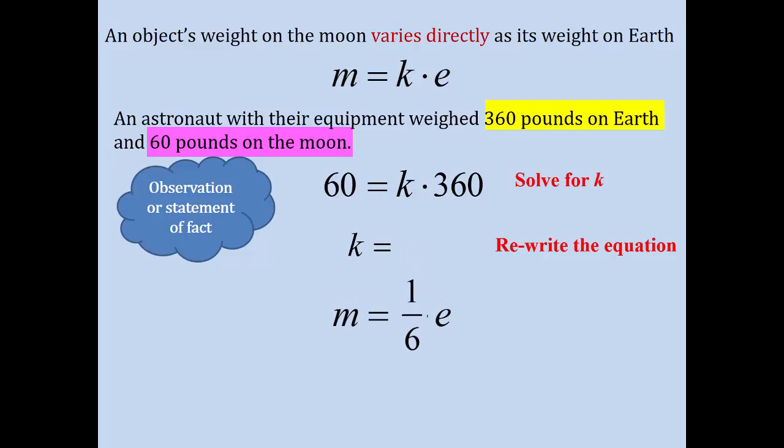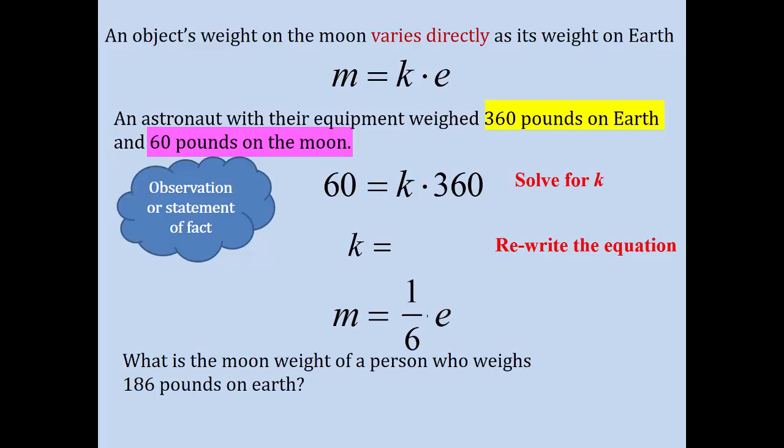And we have a new equation. M equals 1/6 E. This is valid anytime we're talking about moon and Earth weights. And so now we're prepared to answer any question that comes our way, like this. We take our new equation, use the 186 for E, and do the calculation. So a person who weighs 186 pounds on Earth is going to be 31 pounds on the moon.